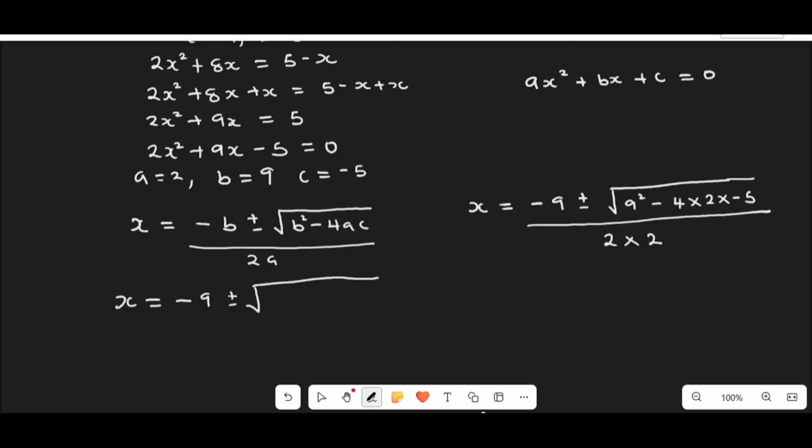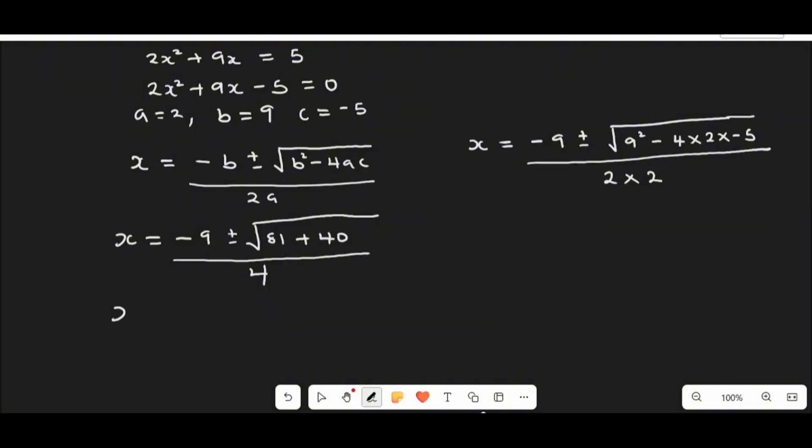So x equals minus 9 plus or minus square root of 9 squared, which gives us 81, plus, because minus 4 times 2 times minus 5 gives us plus 40, over 4.